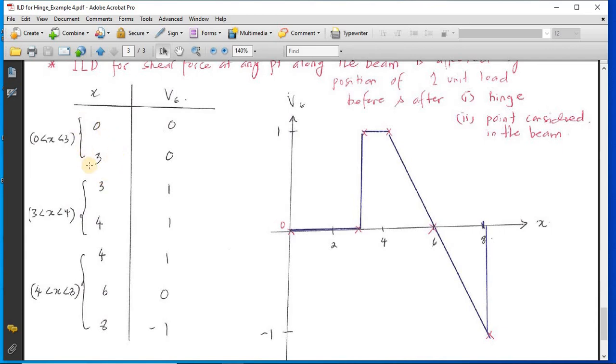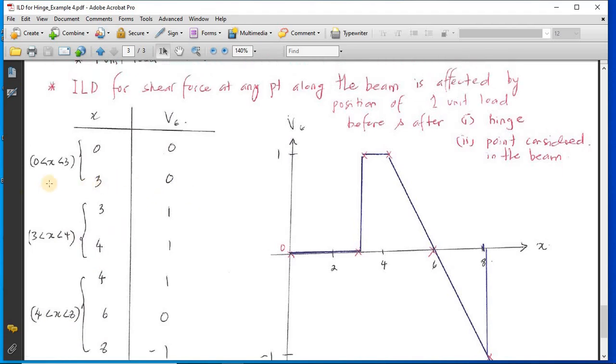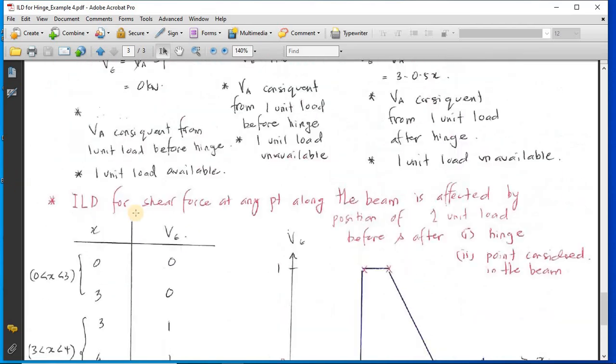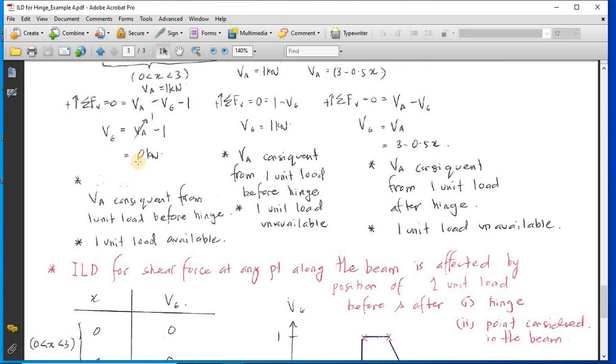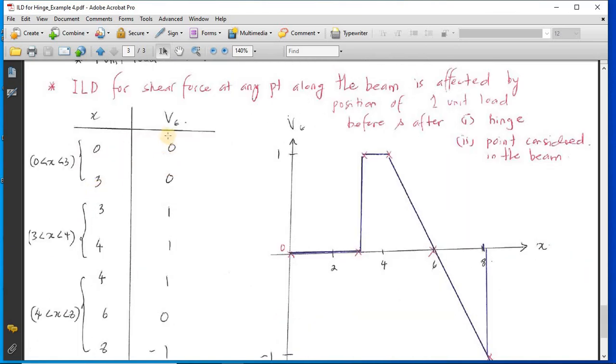Obviously, from 0 to 8 you can divide it into 3 ranges, which are 0 to 3, 3 to 4, and 4 to 8. As for 0 to 3, you need to use VE equal to 0, where you can see that the VE value for this range is 0.